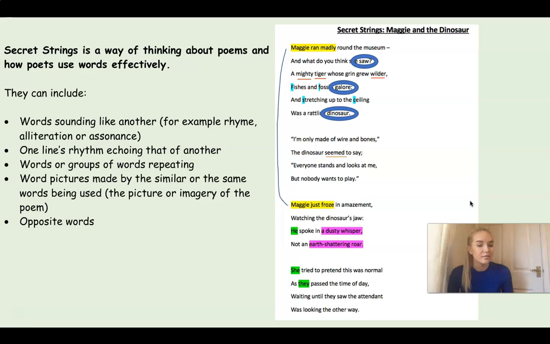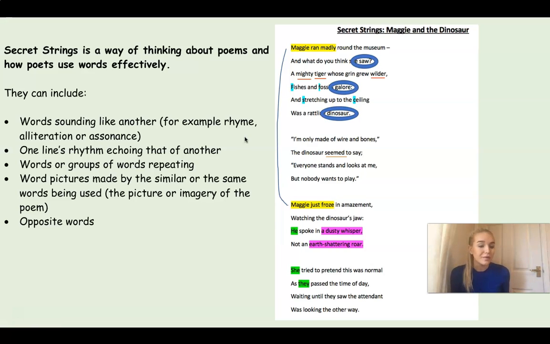We can look for some things in a poem to annotate, such as whether or not words are sounding like one another, whether or not words have a rhyme, like these ones here, saw, galore, dinosaur, whether or not there's that alliteration like fishes and fossils stretching up to the ceiling, that assonance, words sounding the same when you read them.